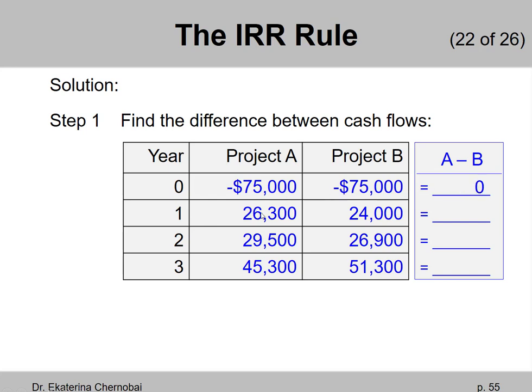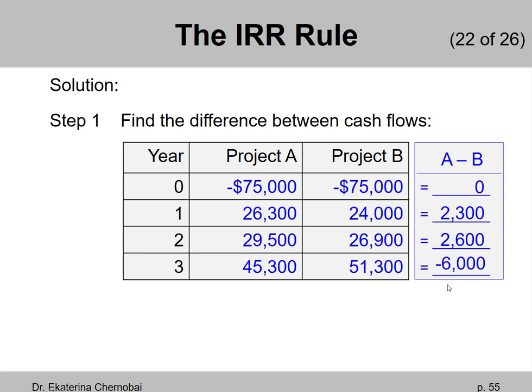For year 1 we have $26,300 minus $24,000, which gives $2,300. For year 2 you get $2,600, and for year 3 you get negative $6,000.